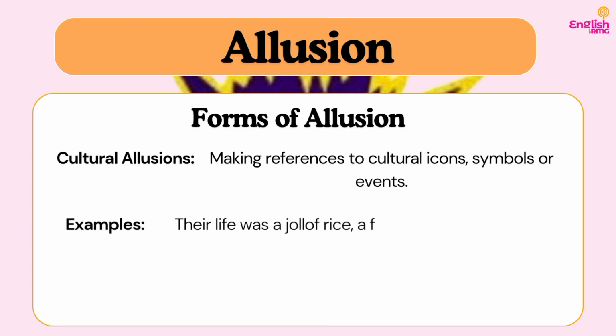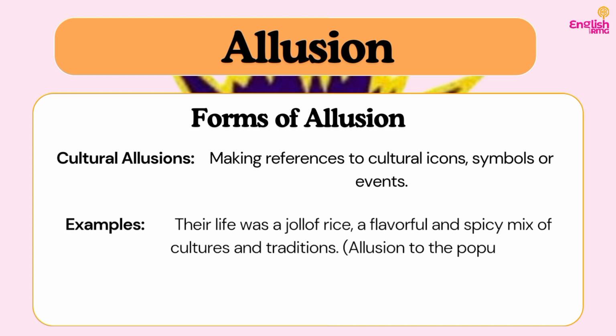Another example is: their life was a jollof rice, a flavorful and spicy mix of cultures and traditions. About jollof rice, I think we have jollof rice in different cultures beyond Africa. But we all know that in order to prepare a very tasty jollof rice, you need to have different spices and different flavors. So you can also allude to that: it's a mixture of different things.